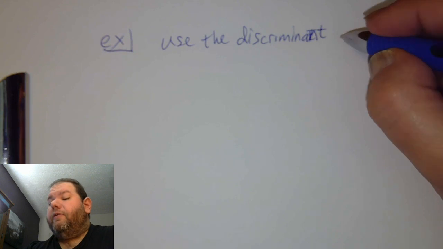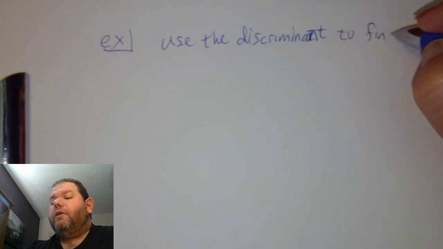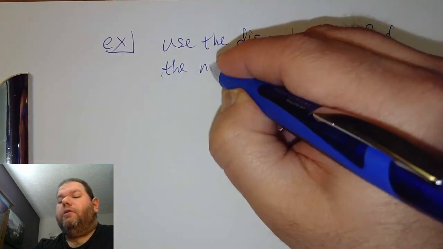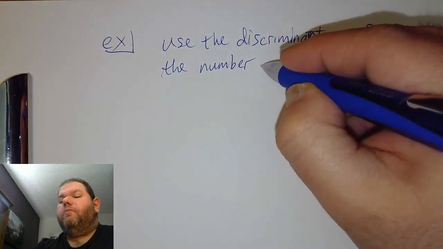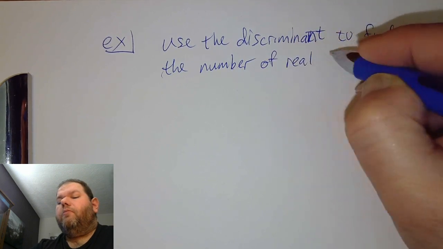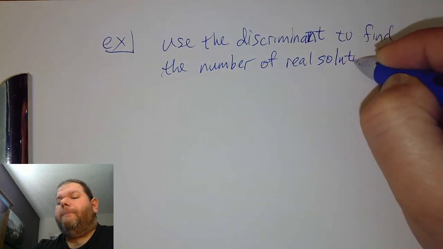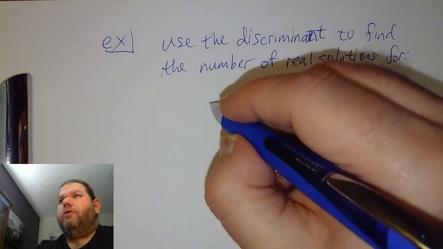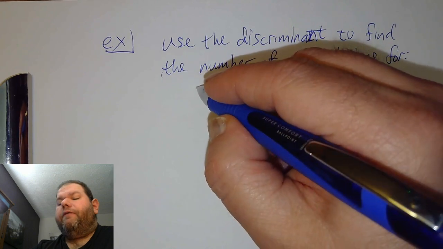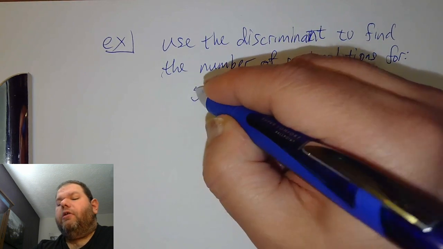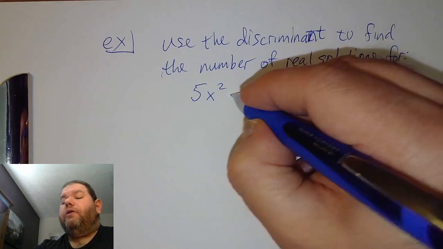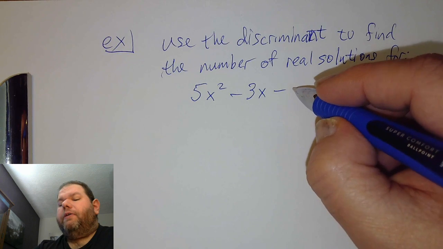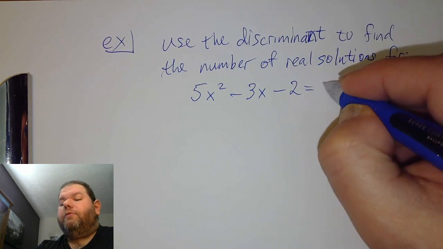Use the discriminant to find the number of real solutions for, let's say we have 5x squared minus 3x minus 2 is equal to 0.